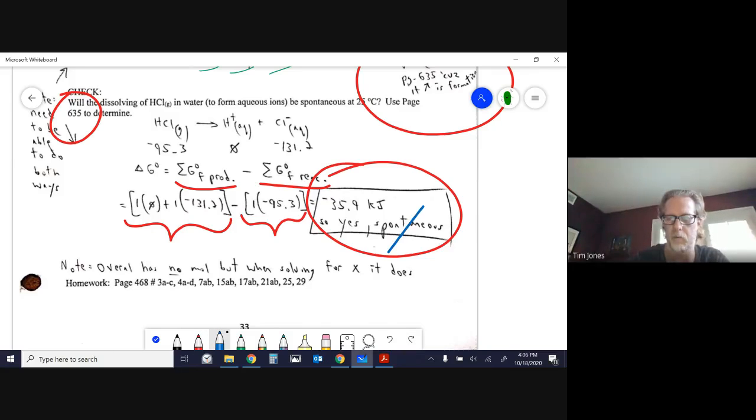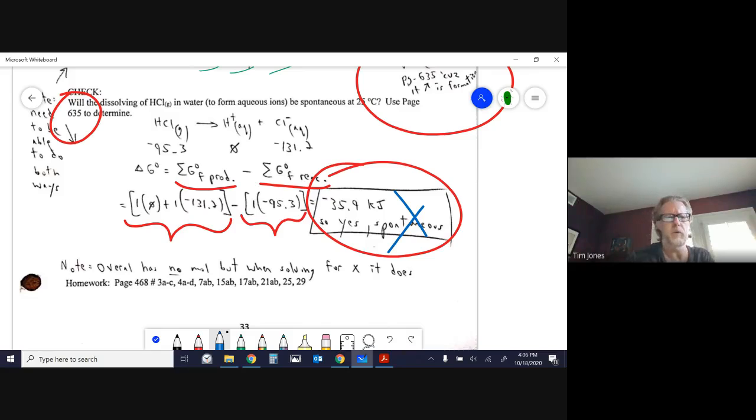I would not use that word anymore. I would say thermodynamically favorable. It's a lot more of a mouthful, but actually is more useful in this case. And then it happens. So what it's saying is if you bubble HCl gas into water, you're going to end up with hydrochloric acid. And that indeed happens.